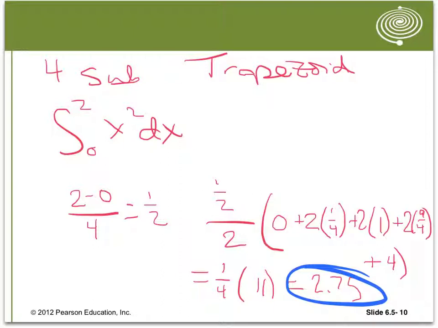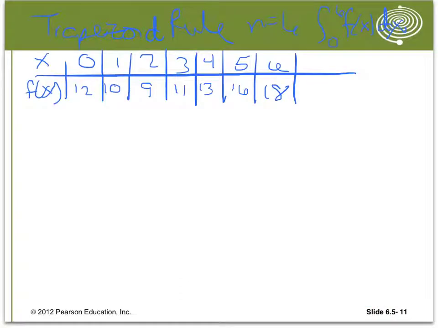Alright, I'll get one more example on here and then we'll call it quits. So here we have a problem where we're using the trapezoid rule with 6 intervals, but I don't know the function. I just know that these are the values of the function from 0 to 6. So my goal is to find the integral from 0 to 6 of f of x dx approximately by using this trapezoid rule. So my trapezoid rule says that I take the width of the interval divided by 2. The width of each of my intervals is 1.